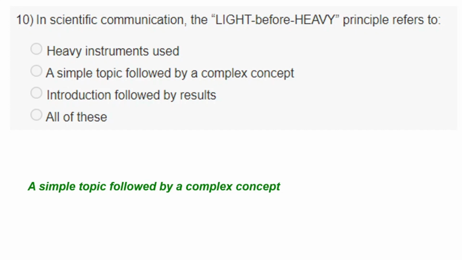You should always start with a very easily explainable, simple topic, and then you build on that. You add any complex concepts on to that. The light before heavy principle basically refers to this: simple topic followed by a complex concept. So this is the light before heavy. This has been taken from the lecture slide only.